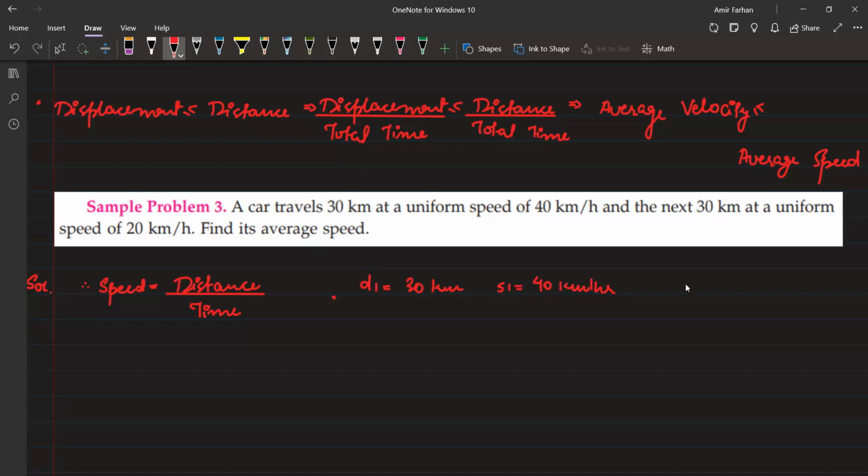Similarly, distance 2 is equal to 30 again, and speed 2 is equal to 20 kilometer per hour.